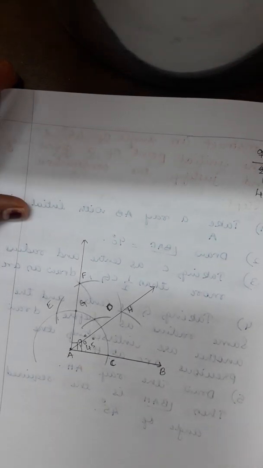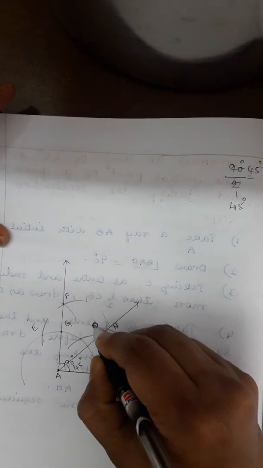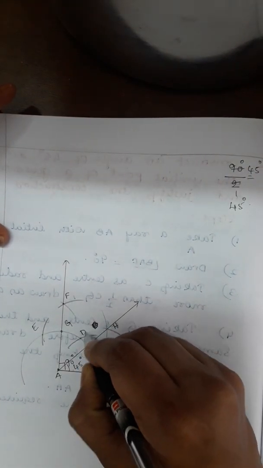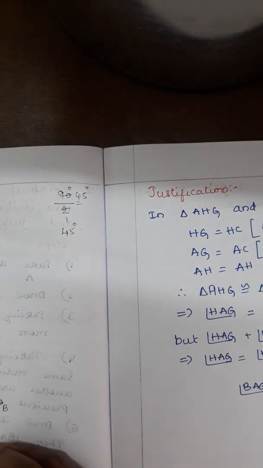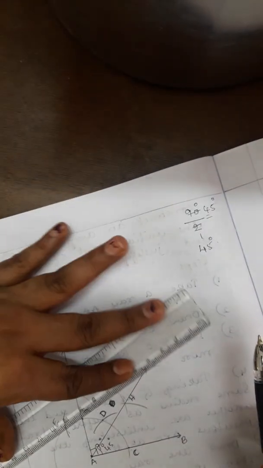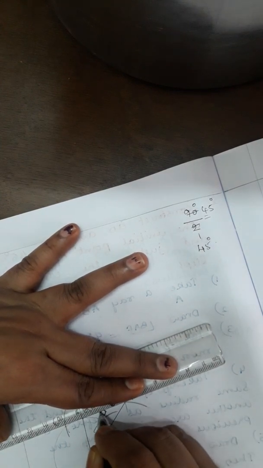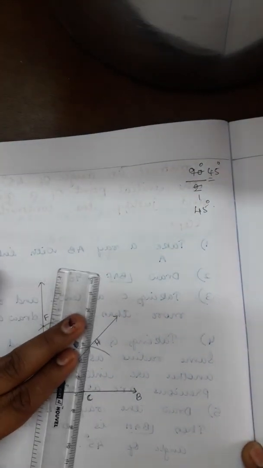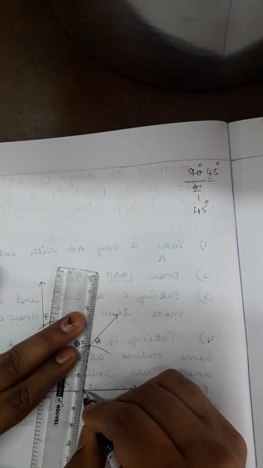Done? Now, how are we supposed to go for the justification? For this, we join GH and similarly join HC, where I will get two triangles.